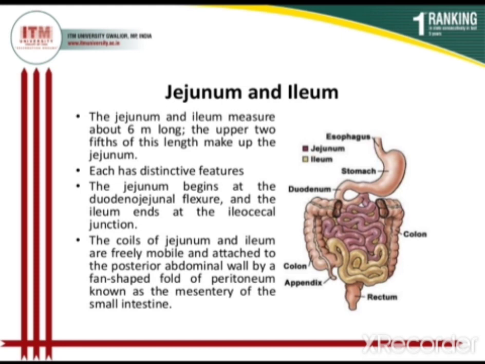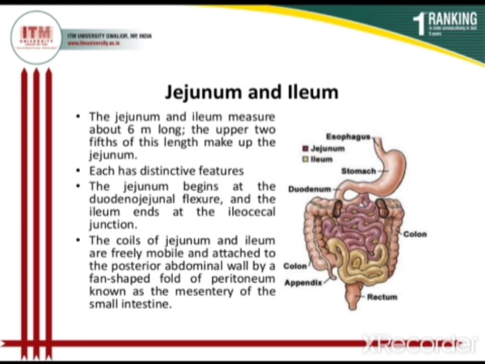So the distinctive feature is that it starts from the jejunal flexure and ends at the ileocecal junction. Now, the coils of the jejunum and the ileum are freely mobile and attached to the posterior abdominal wall by a fan-shaped fold of peritoneum known as the mesentery of the small intestine.